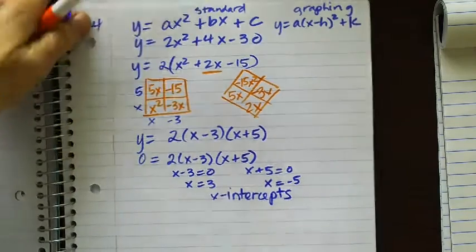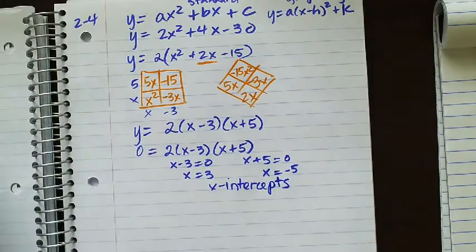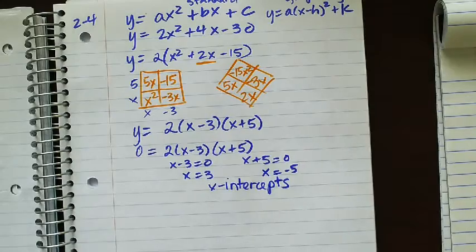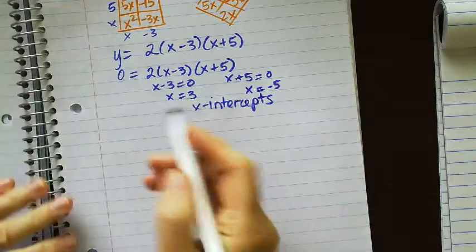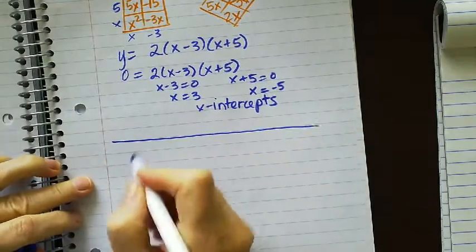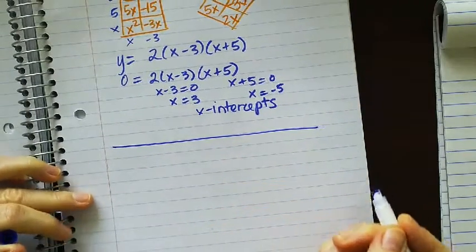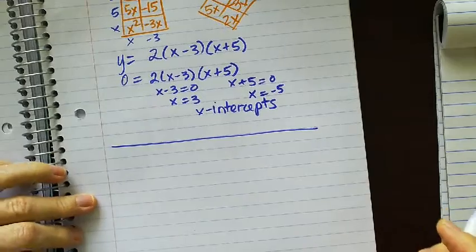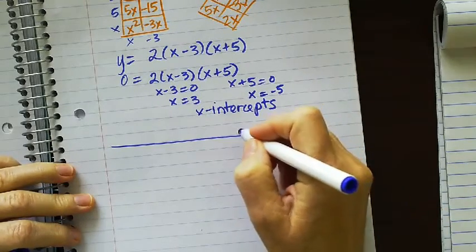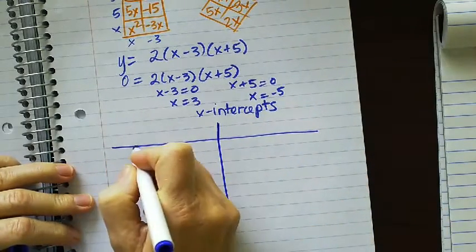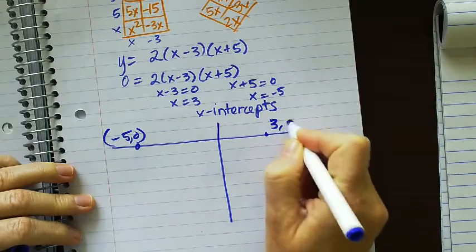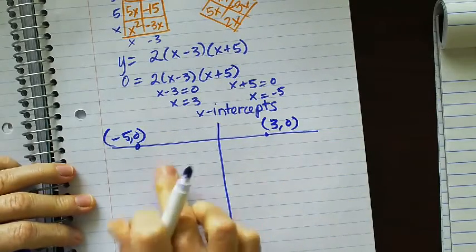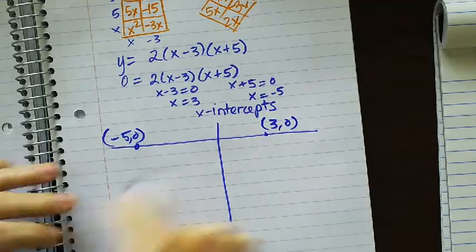And then I just took those x-intercepts and graphed them. And I just did this visually. You could just do it without a graph, I guess. So I graphed negative 5 and positive 3, and I said, okay, the vertex is going to be right in the middle of those two.